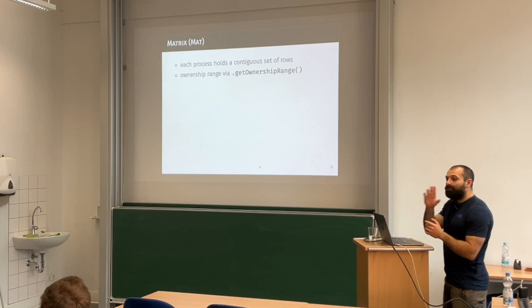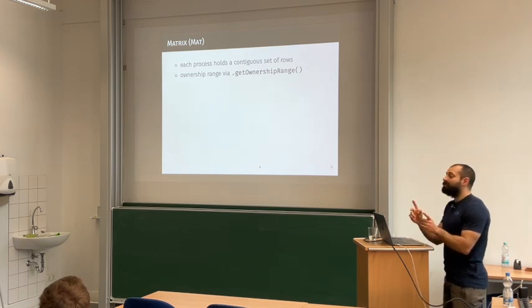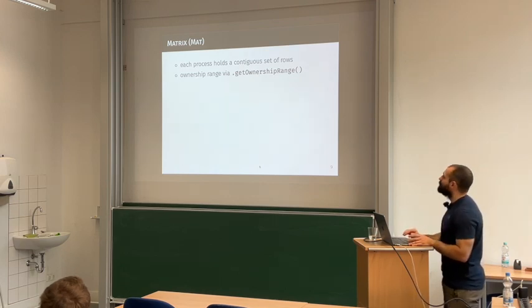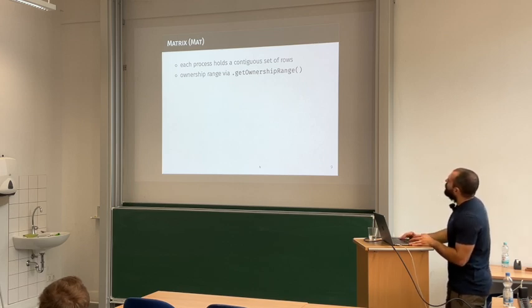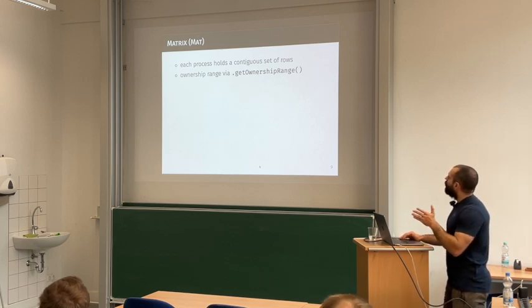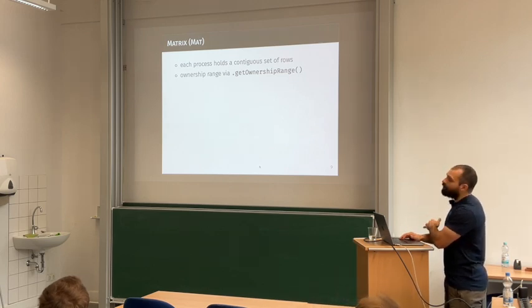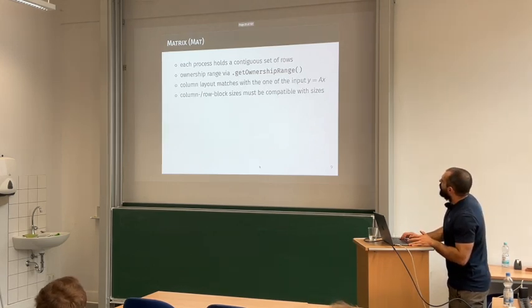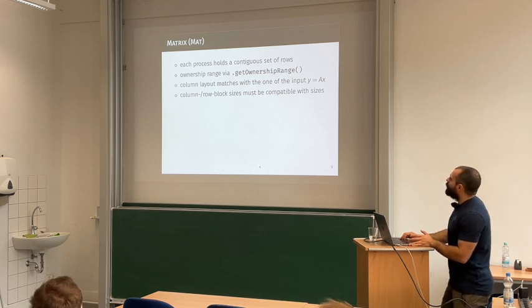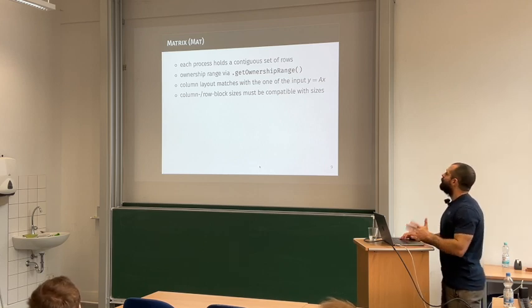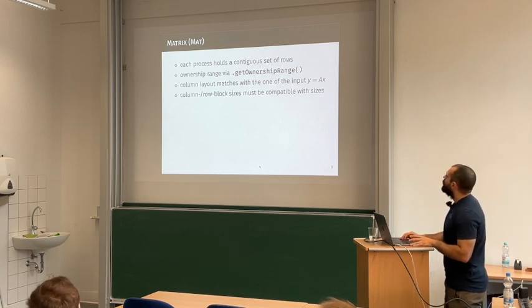So the column distribution will just be used for the matrix vector product operation in general. I will show you an example again. We can do the same ownership range, but now we'll also be able to get the ownership column range and so on.